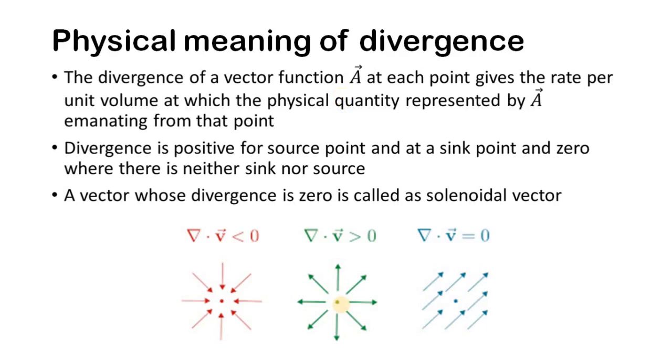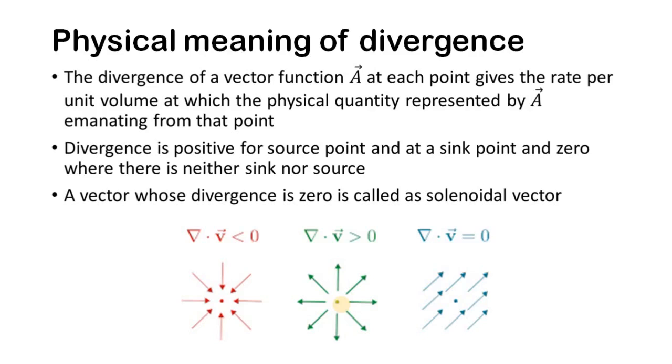For example, if the vector A at any arbitrary point, say x, represents the velocity of a fluid and divergence of vector A is positive at the point x, then there must be a source of fluid at x, or the density of the fluid at x is decreasing.